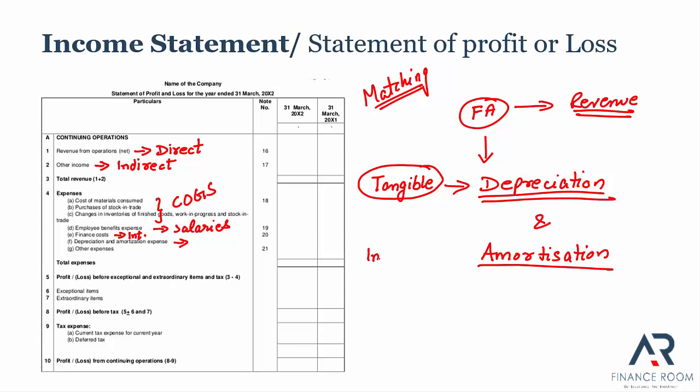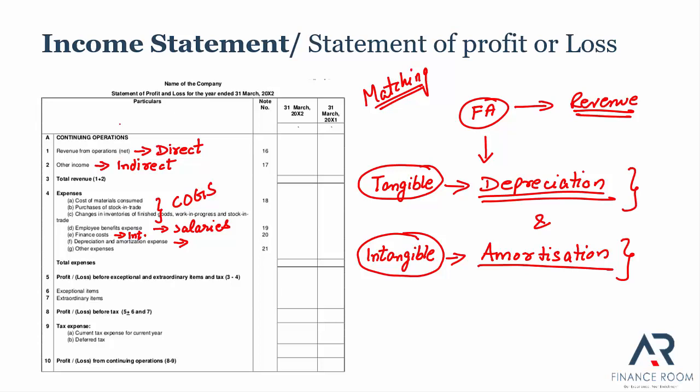What are the examples of tangible assets? Machinery, your furniture, computers, etc. And intangible assets: trademarks, copyrights, patents, goodwill, right? Those have amortization. Same concept, reducing the cost, but two different terms: depreciation for tangible assets, amortization for intangible assets.